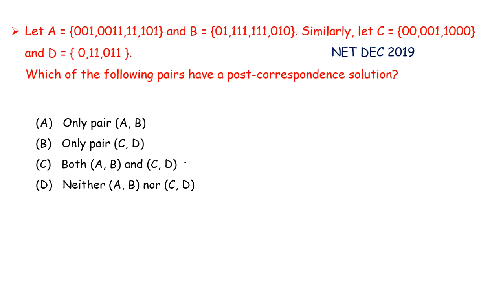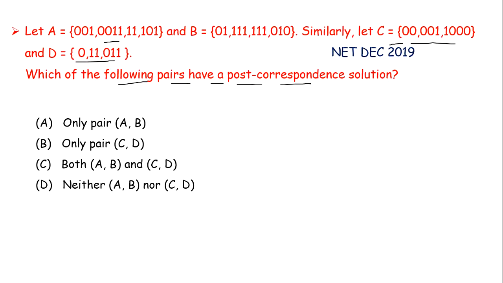Next, this one is a very interesting question. Let A equal 001, 0011, 11, 101 and B equal some other strings. Similarly, in C we have 3 strings and in D again we have 3 strings. Now our question is, which of the following pairs have a Post Correspondence solution, that is a PCP solution?